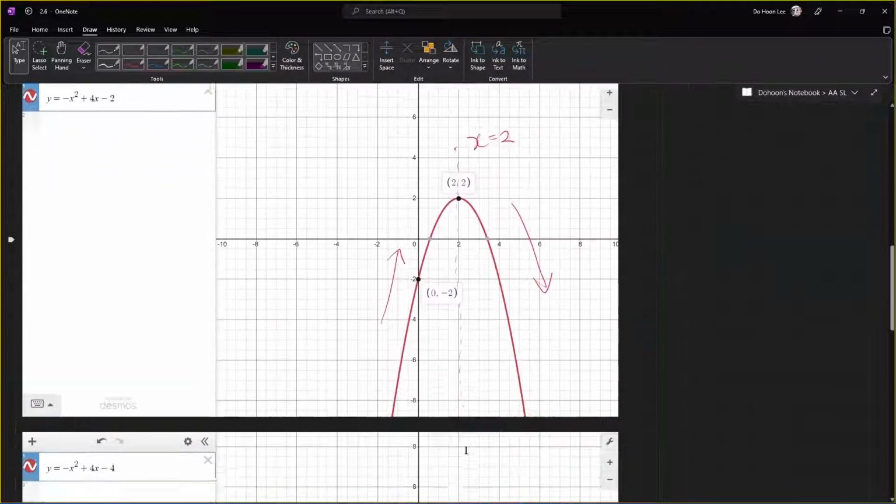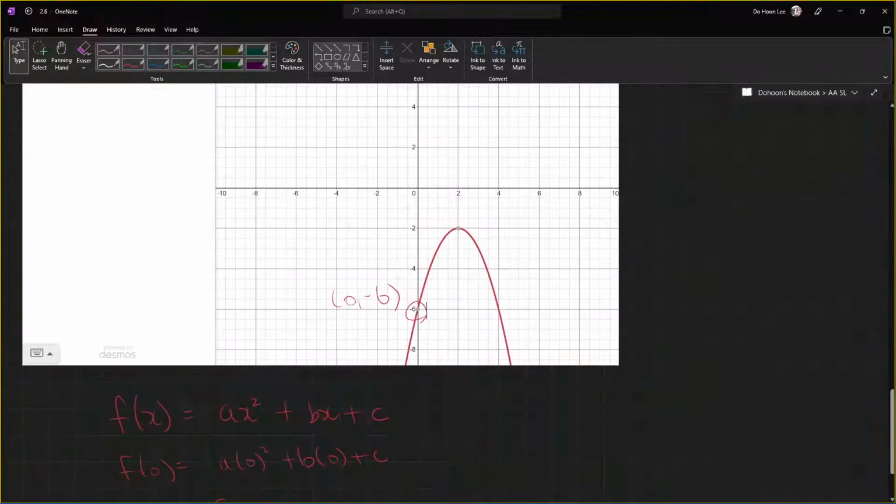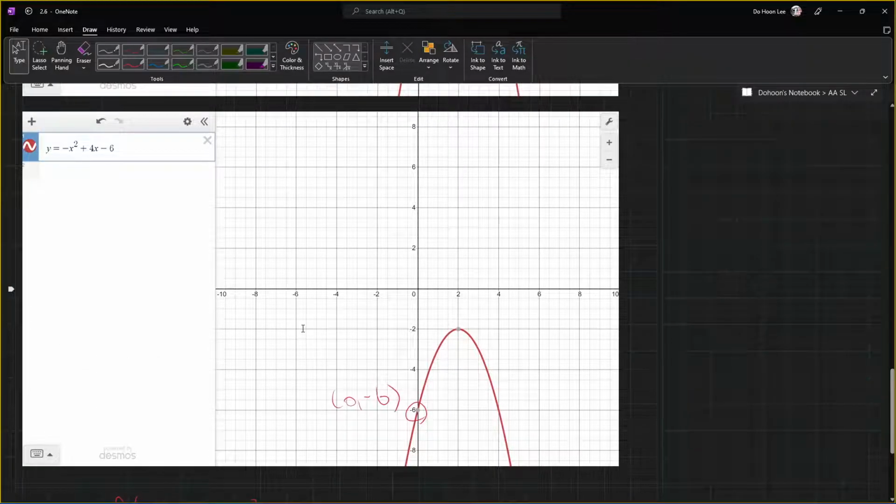The a value, or the coefficient of x squared, tells us the direction of the function and how wide or how narrow a function is. If the value is positive, then the function is facing upwards with a smile, or if the value is negative, the function is facing downwards with a sad face. As you can see, it's a sad face because it has a negative coefficient.